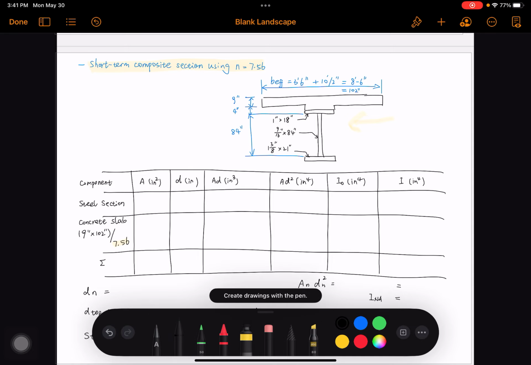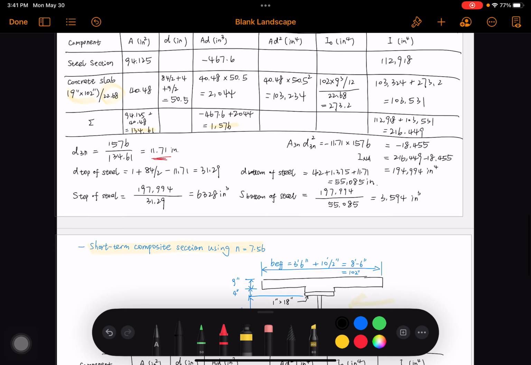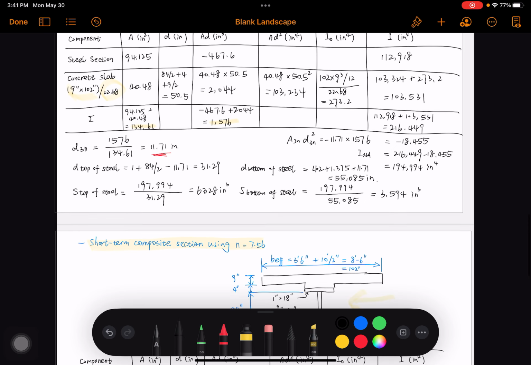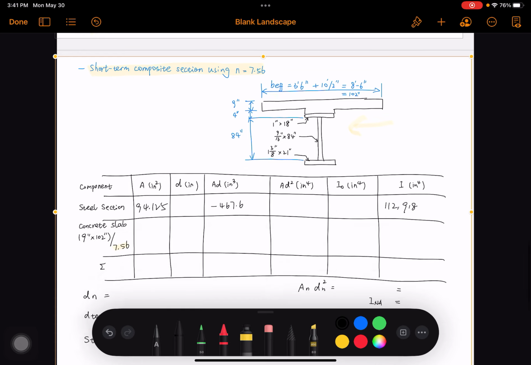So now we can quickly finish this table. Again, as we calculated earlier, A for the steel section is 94.125, the AD is negative 467.6, and the I is 112,918.